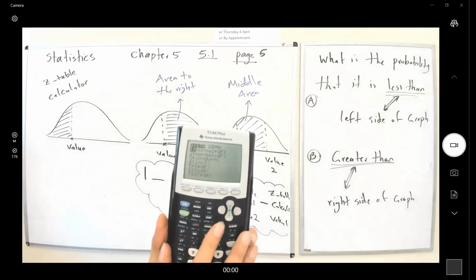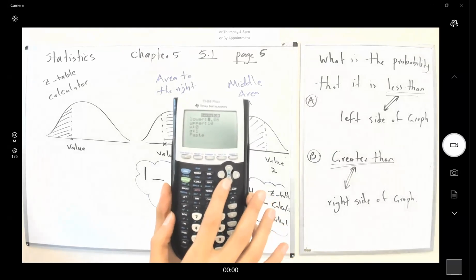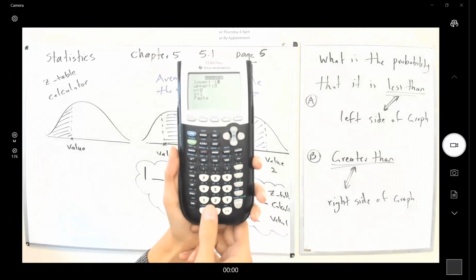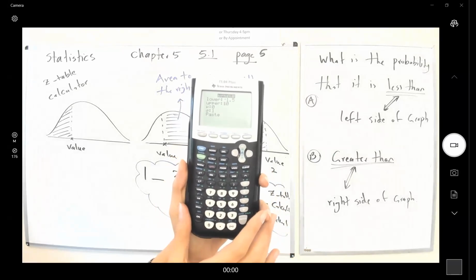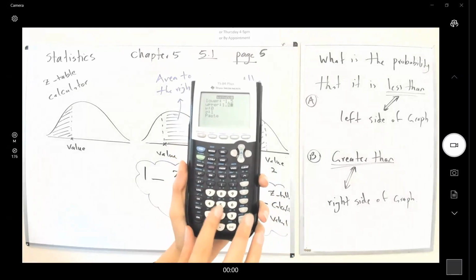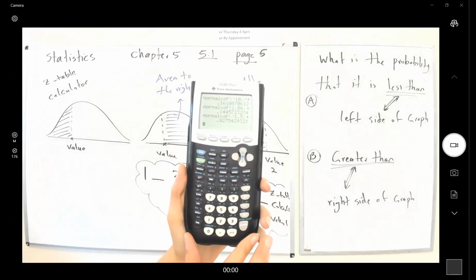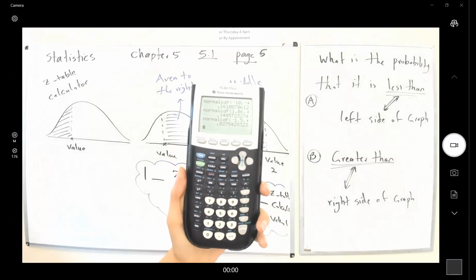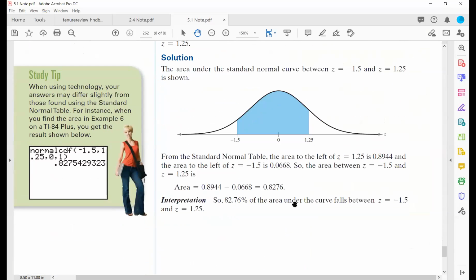Second VARS, normal CDF, your lower limit is negative 1.5, and your upper limit is 1.25. Enter, enter, enter. And you get 83%.